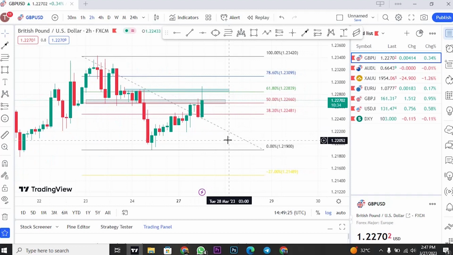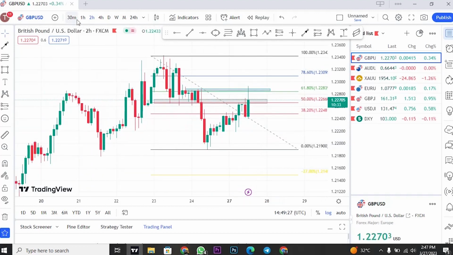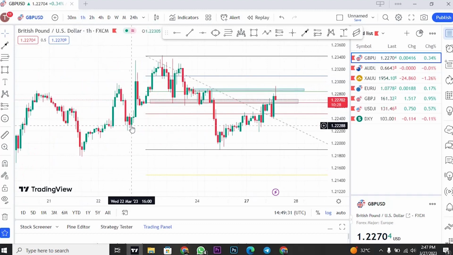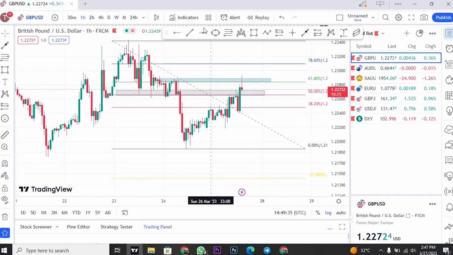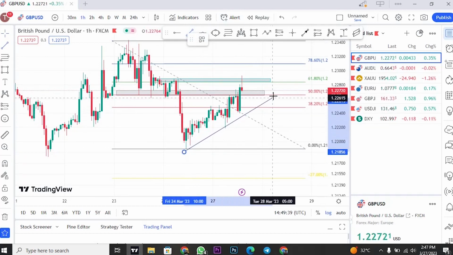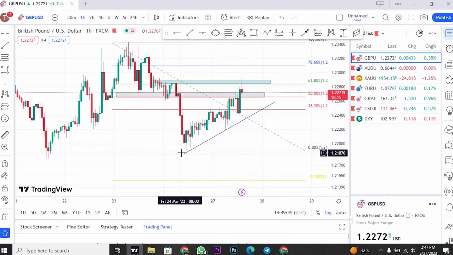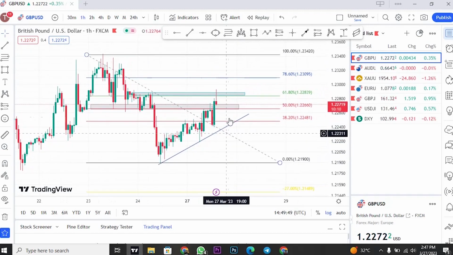I'm looking forward to getting a very nice setup on this trade so that I can enter into the market. Let me draw my resistance right at this point. Okay, here is good.